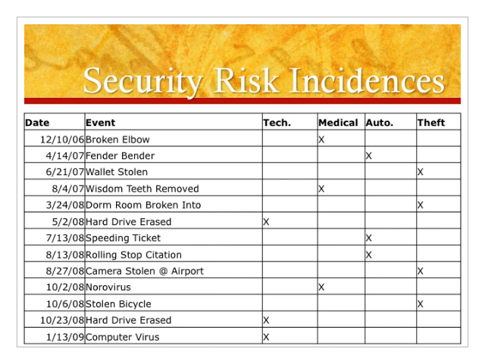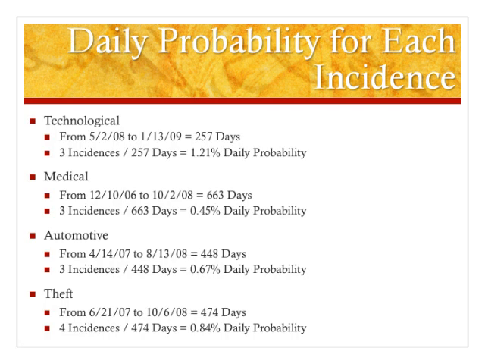Over that span we calculated security risks into the 4 different categories. We then calculated the daily probability for each incidence occurring based off of our candidate's past history. For technology, the first security risk occurred on May 2nd, 2008, and the last on January 13th, 2009.